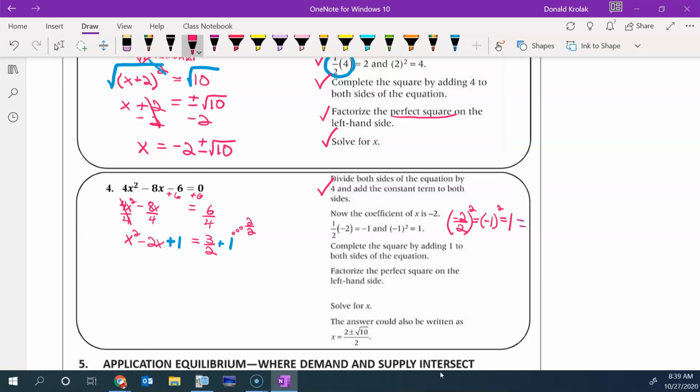So I can add it to 3/2 and get 5/2. And this guy over here, perfect square trinomial, minus. And then all you're doing is, it's whatever this number is.